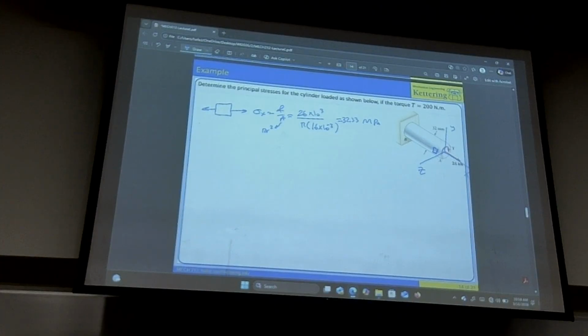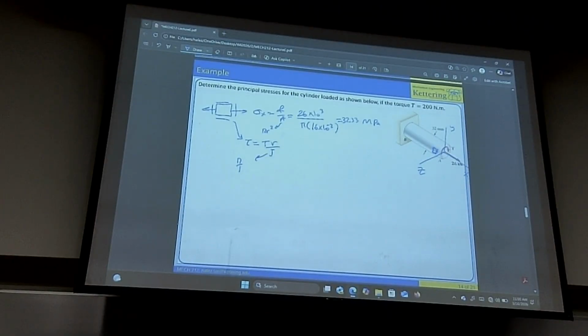All right, yes, TR over J is the stress coming from torsion, and we know that shear stress is all about these tangential ones. So for one of them, I simply put the tau value, TR over J, and you say J is pi halves R to the fourth. So torque is given as 200, radius is given. I can cancel out one of the R's, but I can leave it there for simplicity.